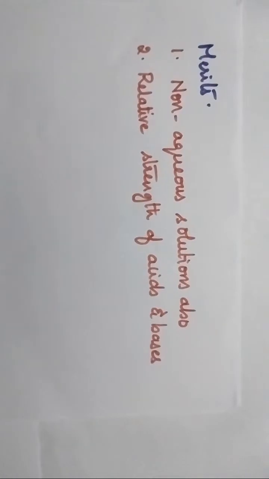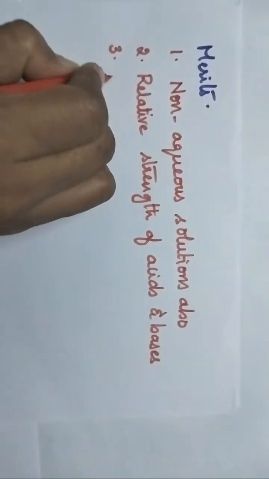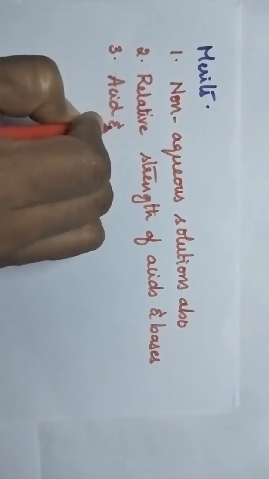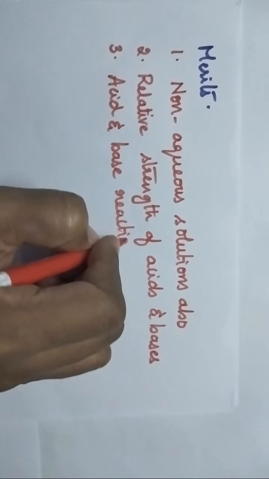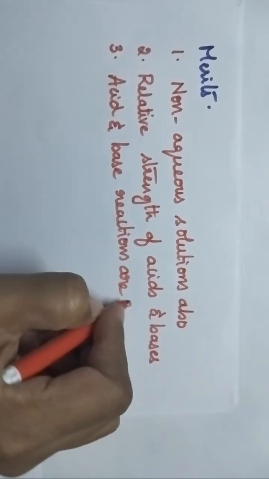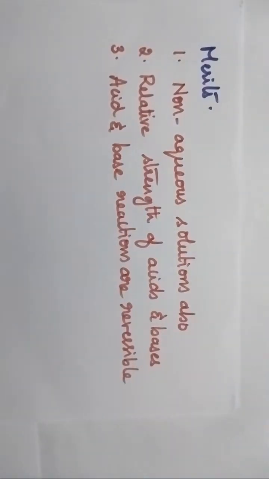So what are the two merits of Bronsted theory? It explains the acidic and basic nature of acids in non-aqueous solutions also. At the same time, it explains the relative strength of acids and bases. And always remember, acid and base reactions are reversible. These are the merits of Bronsted theory.